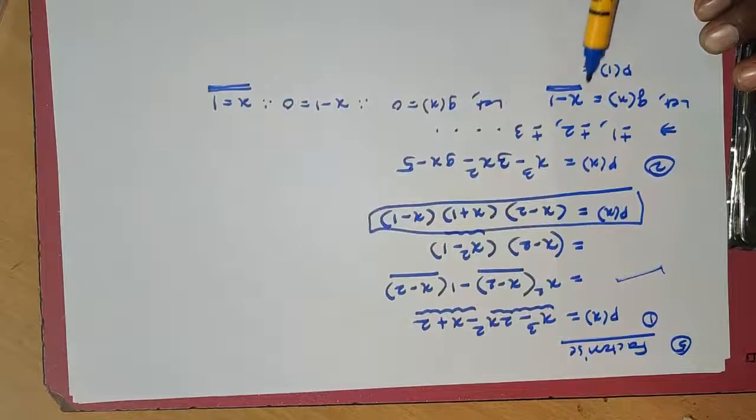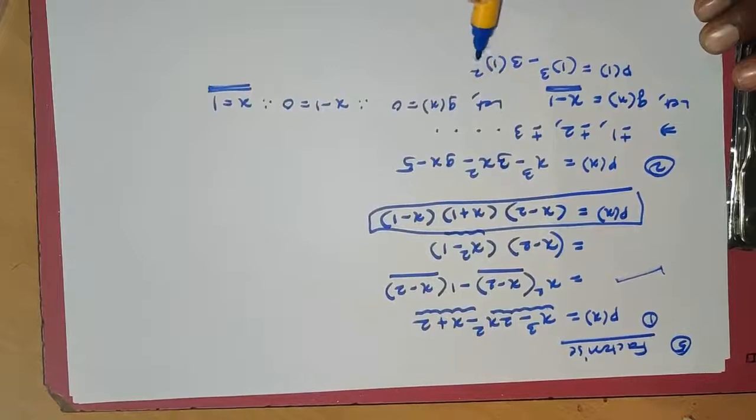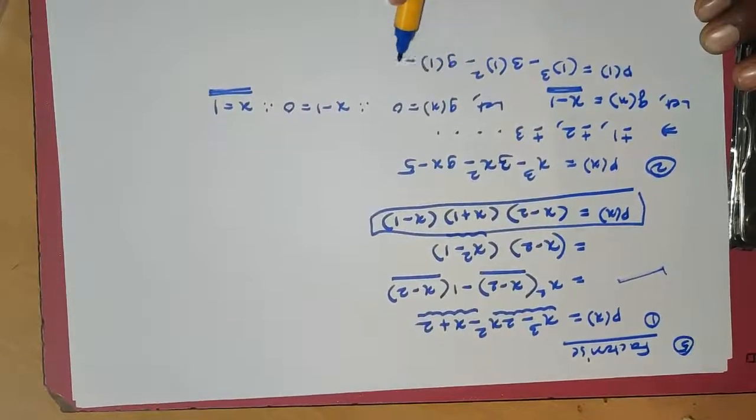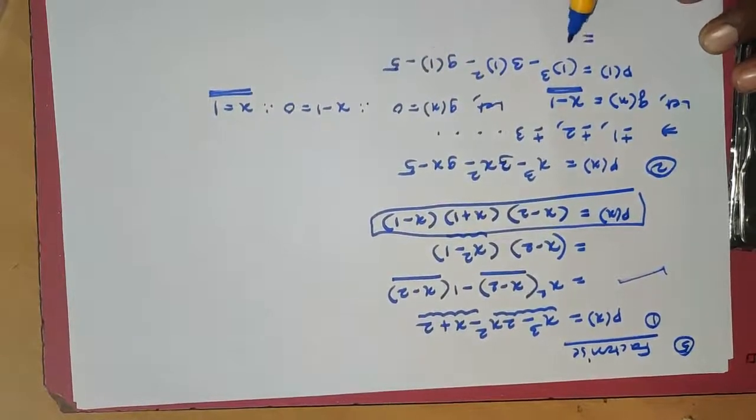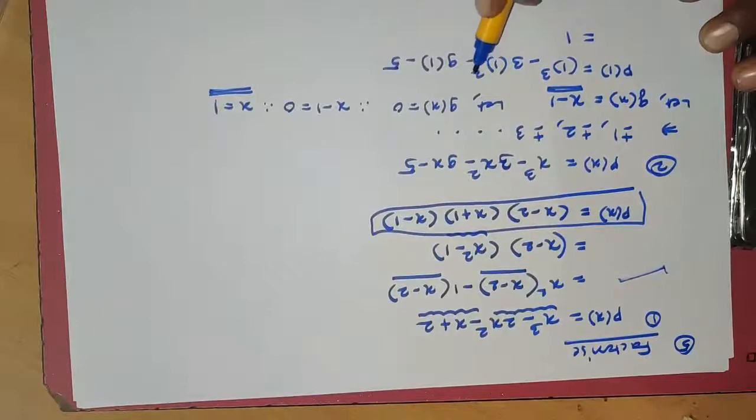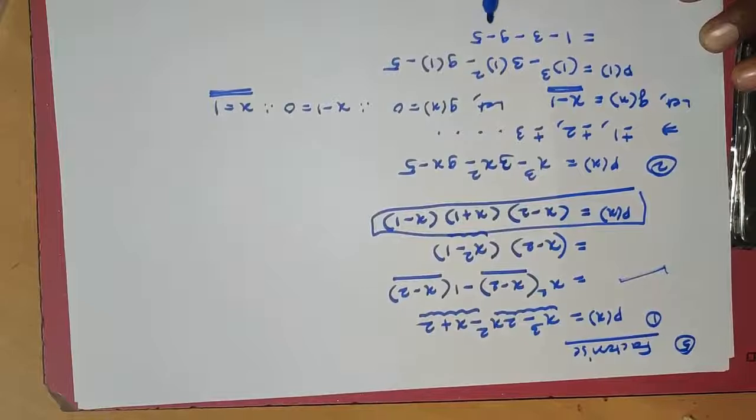Correct? So I will substitute 1 into this. This is 1 cube minus 3 into 1 square minus 9 into 1 minus 5. 1 cube is 1, 1 square is 1, minus 9 minus 5. So these are all minus here: 14 and 3 is 17.